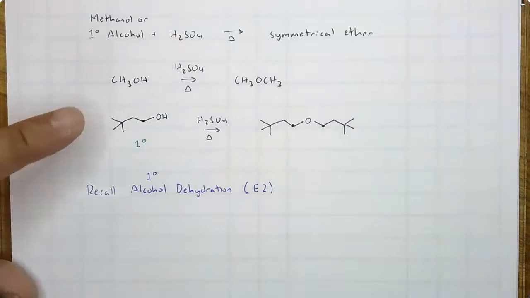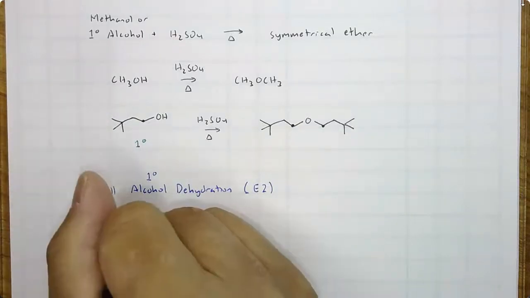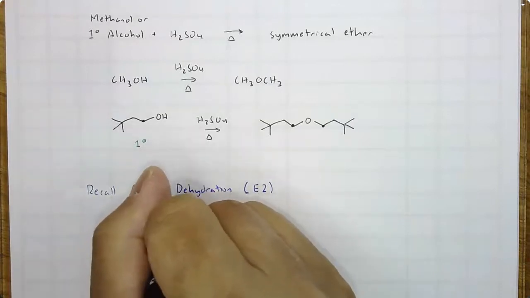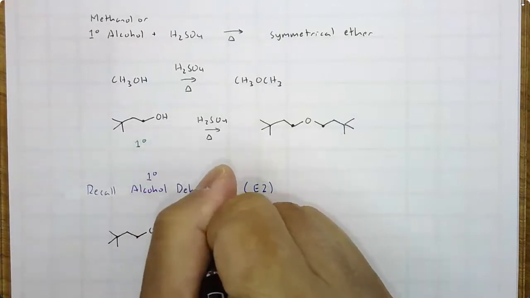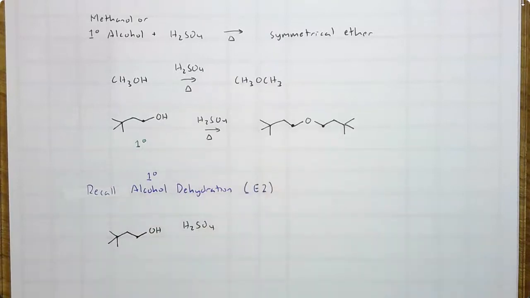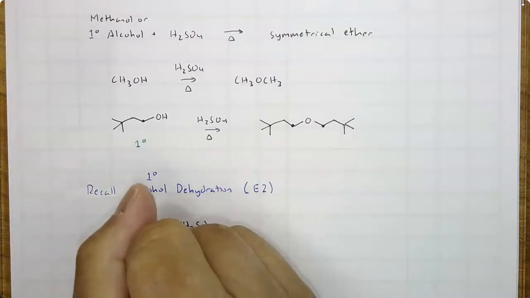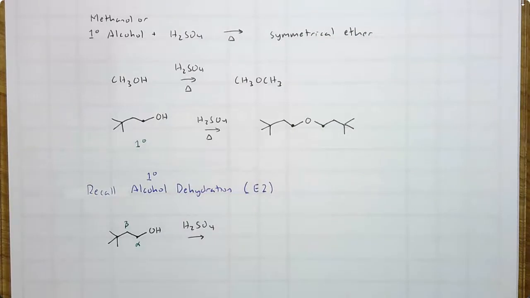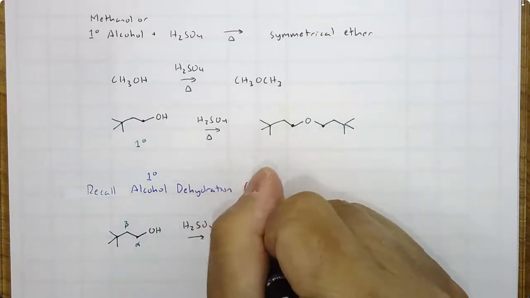Because if I have this alcohol here, and I react it with a strong acid, you had learned that you can make this a good leaving group and you get rid of the beta hydrogen to do an elimination. So there's a dilemma, right?